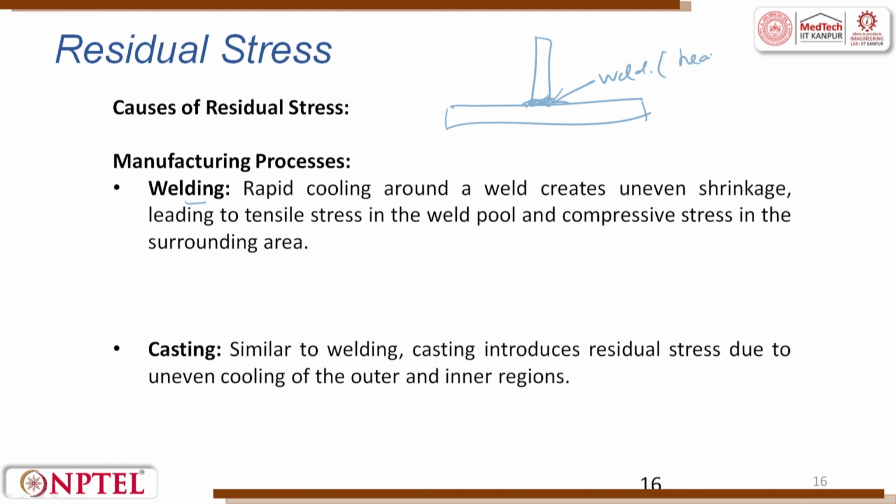You are heating the material to a molten state and then allowing it to cool. So, rapid cooling around the weld creates uneven shrinkage, leading to tensile stress in the weld pool and compressive stress in the surrounding area. So, this is the surrounding area.